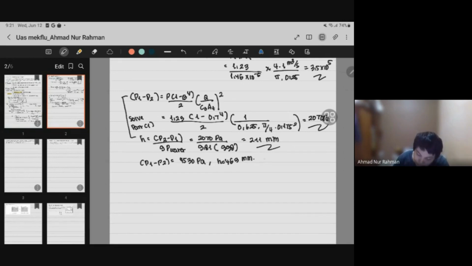So what we get is the final design. This is the same way, but we use a different diameter.